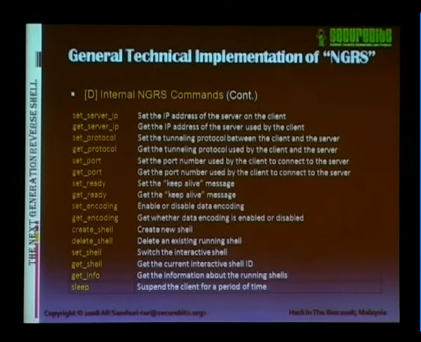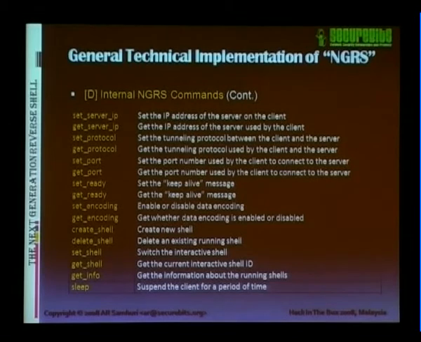Set server IP and get server IP. You can change the server IP address or get the current server IP address. You issue this command like any other shell command, in the same place. For example, you issue ls, and at the same place you can issue set server IP, give it another IP, and then you have another connection from the client to that IP.